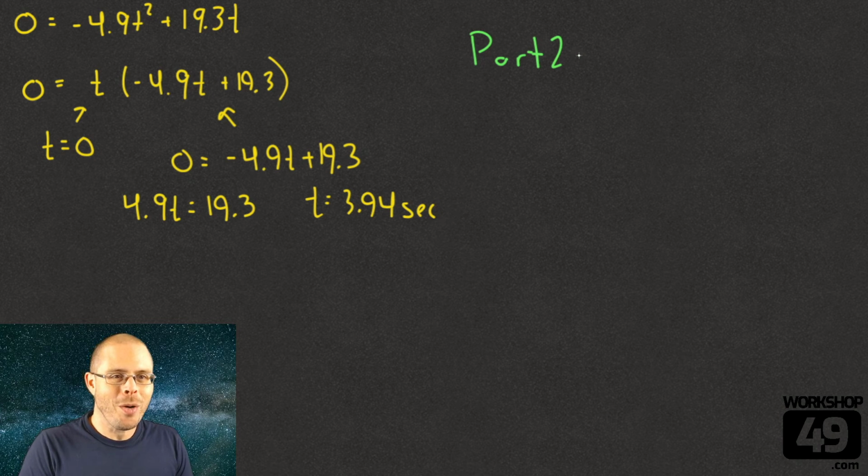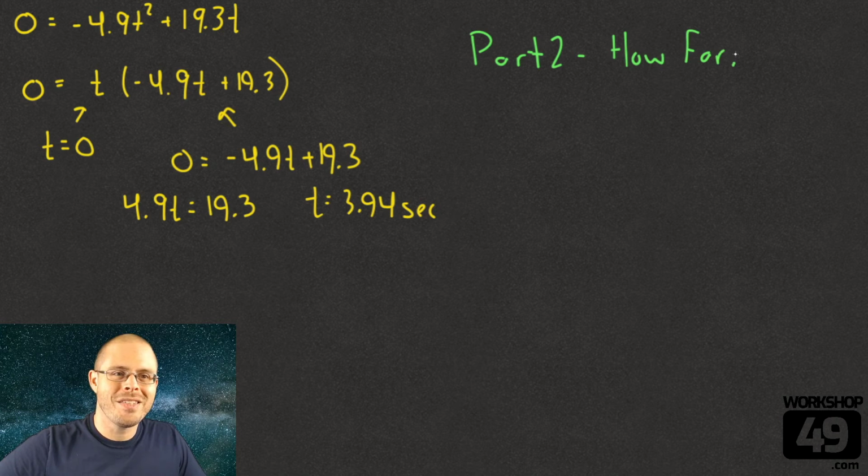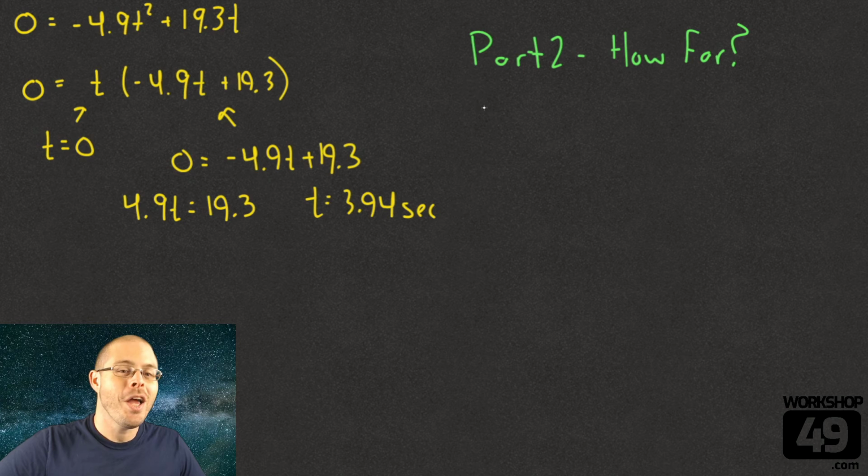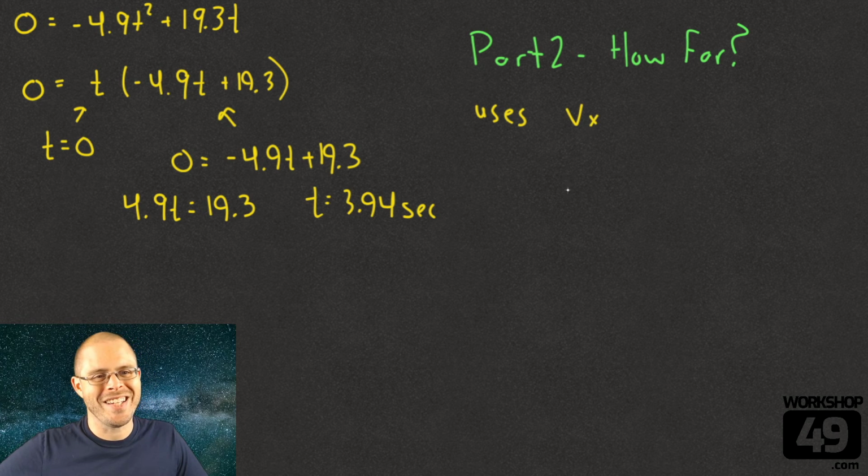Because I now know how long the ball was in the air, it is time for part 2. And part 2 is how far. So we know when it lands, but we don't know how far away it went in those 3.94 seconds. Well, in order to figure out how far away it went, we used vertical velocity.